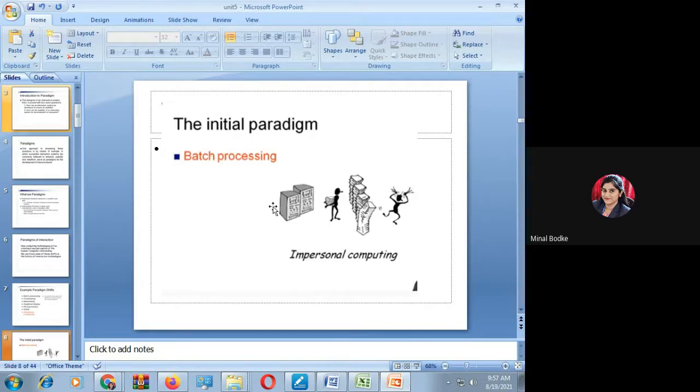The user would print the instructions or the input he needs to give to the computer, or the set of programs the computer needs to do, onto the punch card. He would insert that punch card in batches, and he can do another work. So in this case, the user was just inserting the punch card and could do other work.